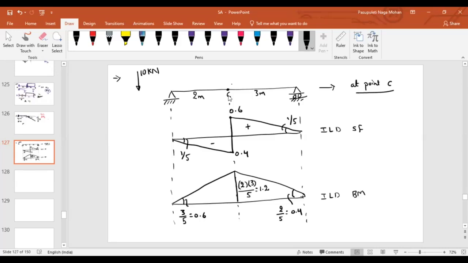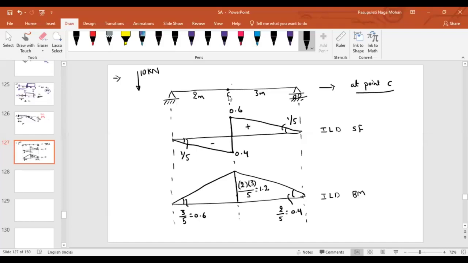I hope you guys might have come across design of RCC or design of steel structures. What you should obtain is the maximum bending moment that can act on the beam due to the loads, and for that maximum bending moment you will design it, or you need to find the design shear force.